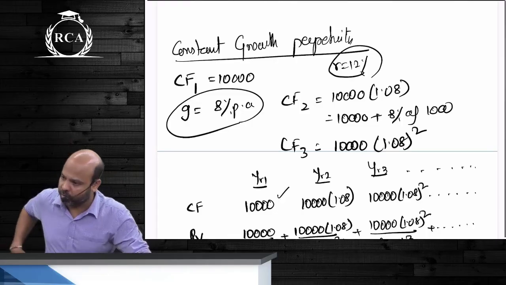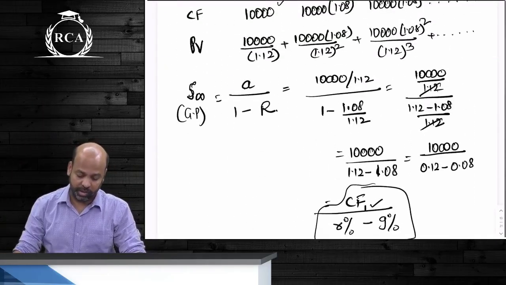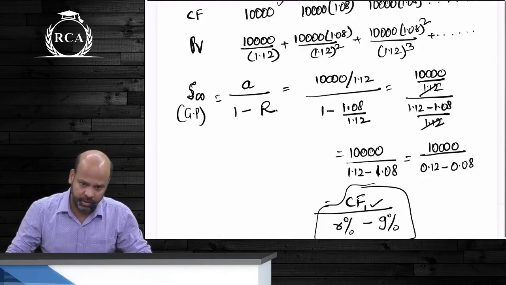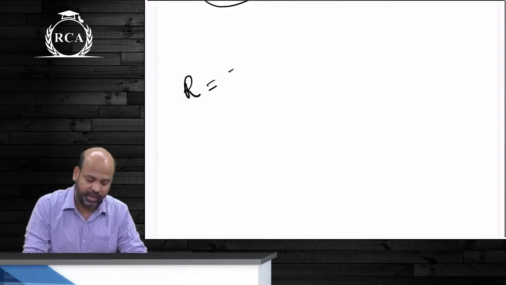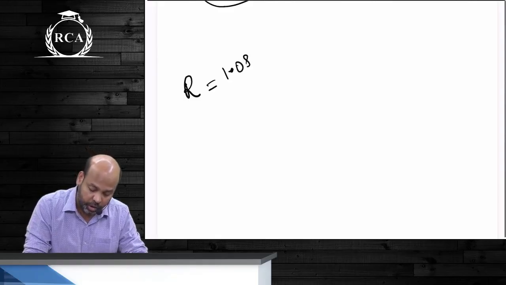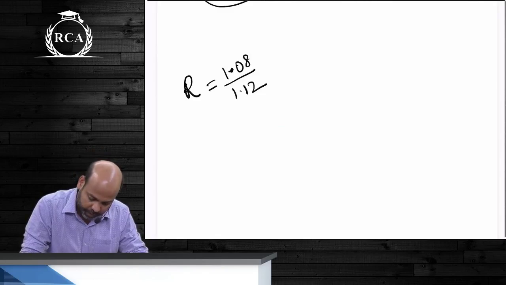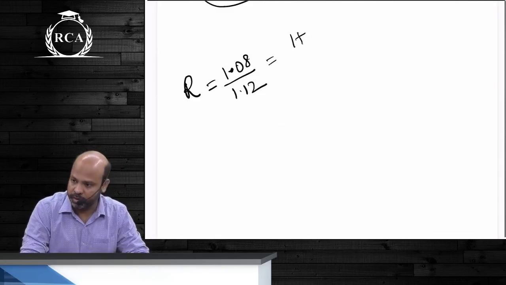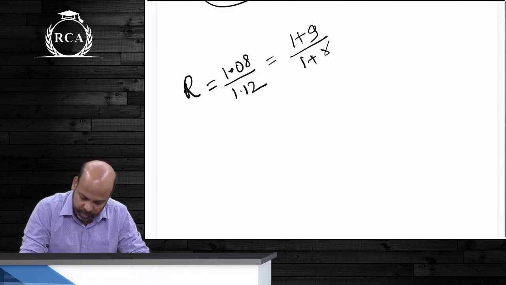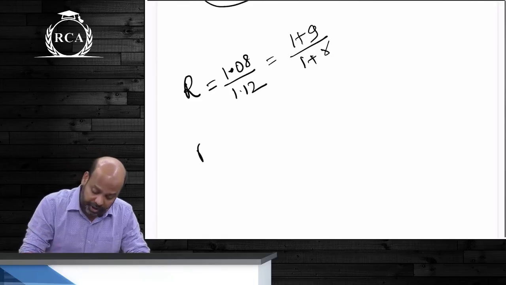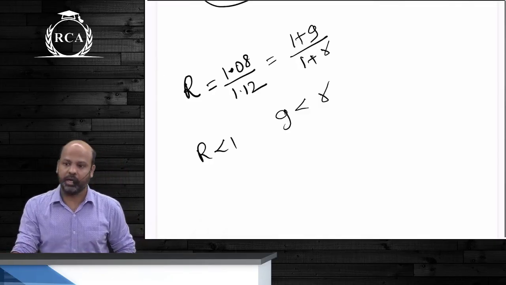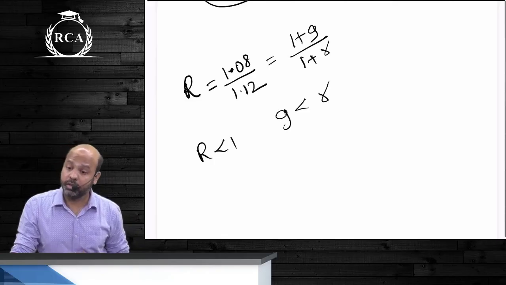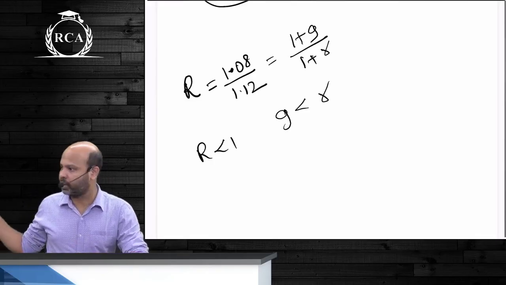The formula for the sum of infinite terms in a geometric progression holds good only if the common ratio is less than 1. We got the common ratio as 1.08 by 1.12, which is 1 plus growth rate by 1 plus R. For this ratio to be less than 1, growth rate should be less than R. If growth rate is greater than R, it is not possible to use this formula. If you use it, you'll get a negative answer.